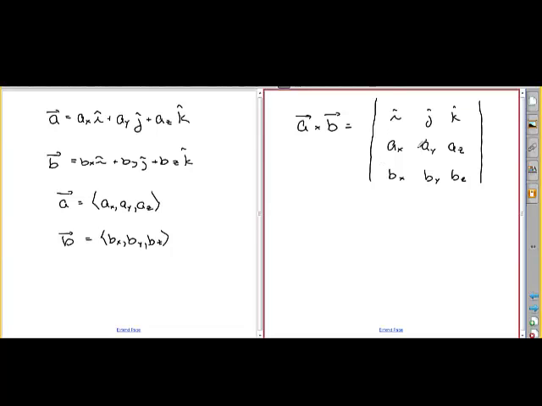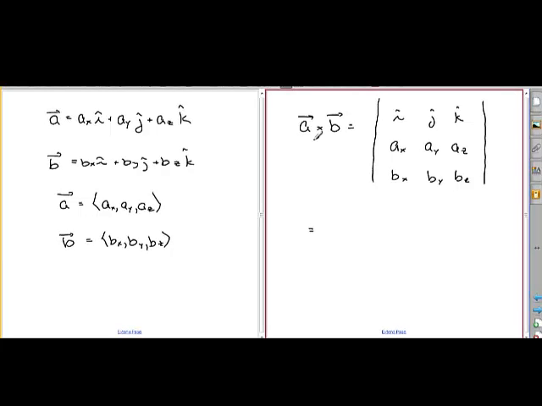So in pre-calculus, when you learned about a 3x3 matrix and you wanted to find the determinant, what you would do is you would take this. Okay, so this is our determinant.